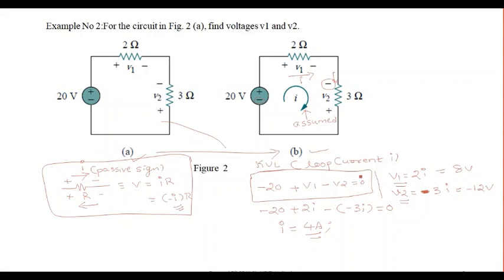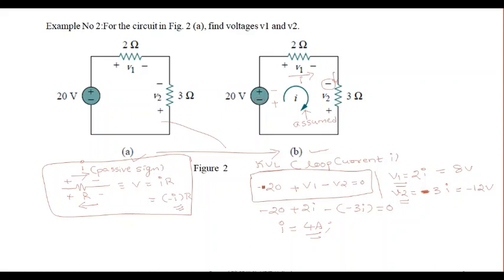So is this equation clear? Okay, so just consider the polarity. Suppose if I had mentioned here minus and plus, then what you will take? No, this is plus and this is minus, so you have to take plus 20.